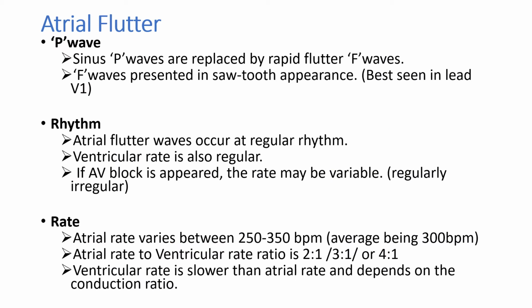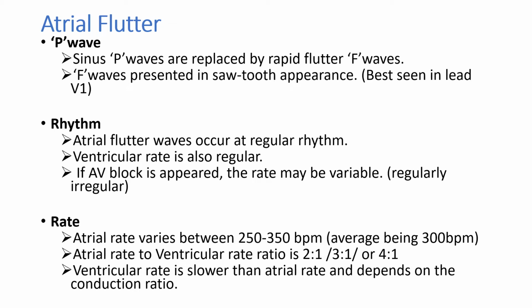So if I summarize, in atrial flutter, sinus P waves are replaced by rapid flutter waves. F waves are presented in a sawtooth appearance. Atrial flutter waves occur at a regular rhythm. Ventricular rate is also regular. If AV block appears, the rate may be variable.